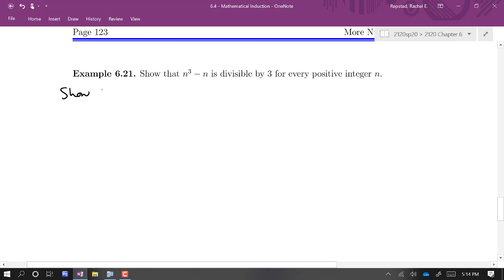So we're going to show that for all positive integers, n cubed minus n is some multiple of 3, so say 3 times m, for some integer m.